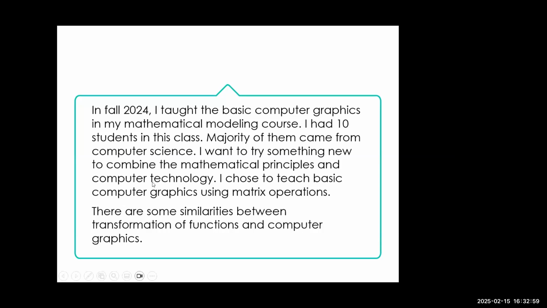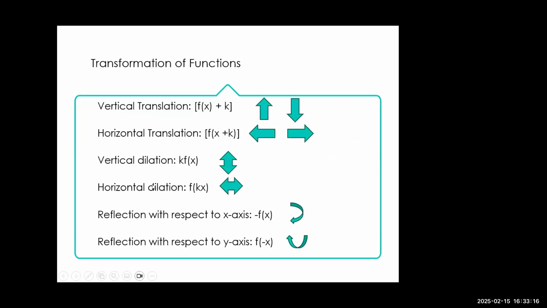But you will find that there's some similarity between the matrix transformation and the function transformation. If we say y equals f of x, how do we move the function up and down, left and right? They have a similar nature.